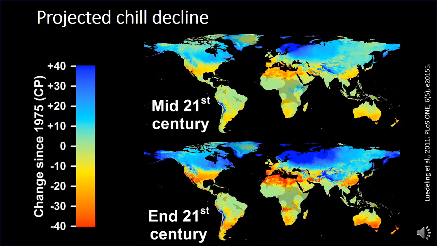That means in many places, according to this model and the climate scenarios this is based on, we will lose winter chill entirely. Which means, according to our understanding of biology, it should no longer be possible to grow many species there that have been cultivated, in some cases for thousands of years.